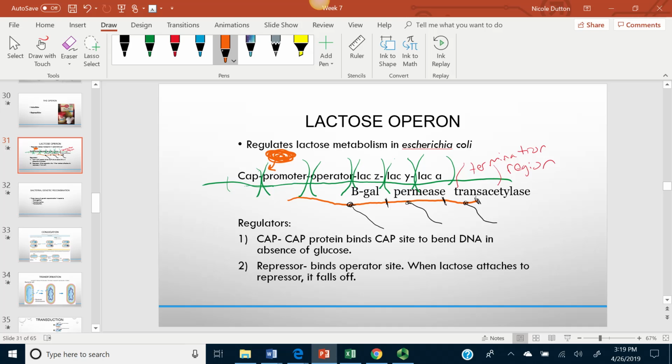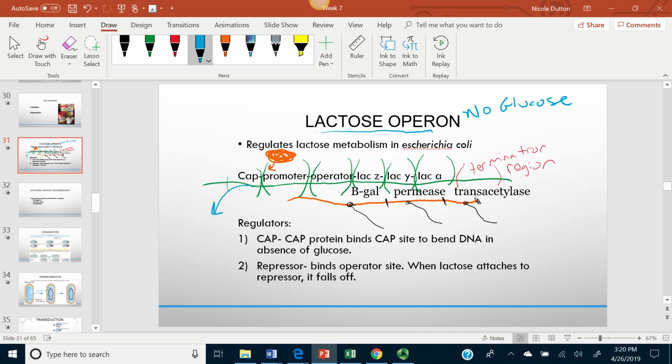If cap is straight in alignment with the promoter, RNA polymerase can't bind. So what will happen is, in the absence of glucose, if glucose goes away, cap will actually bend out of the way. So why do we want to use the Lac Operon if there's no glucose?